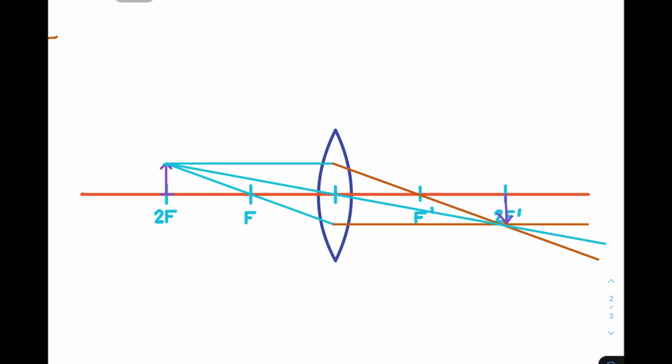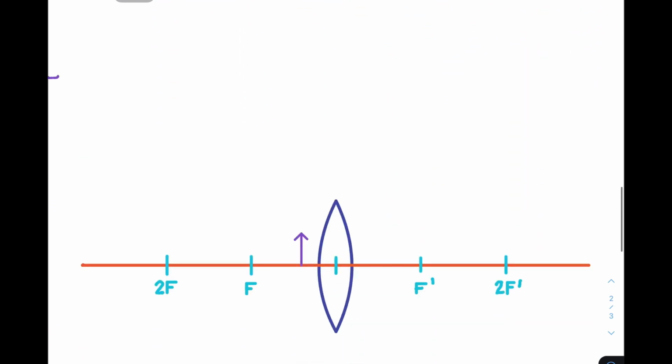Notice that the location and the size of the image have been retained. So if the object is placed exactly at the 2F, the image will be inverted, or upside down, the same size, and finally it is a real image.